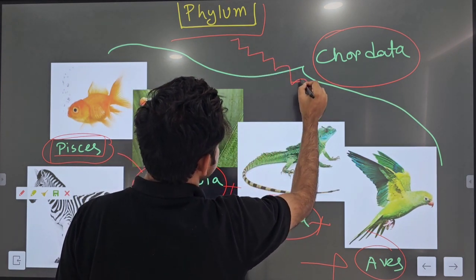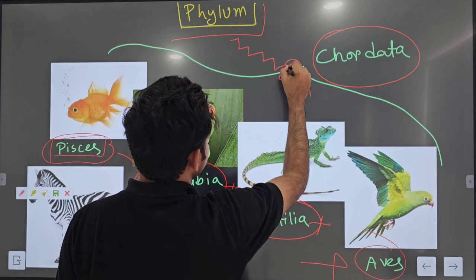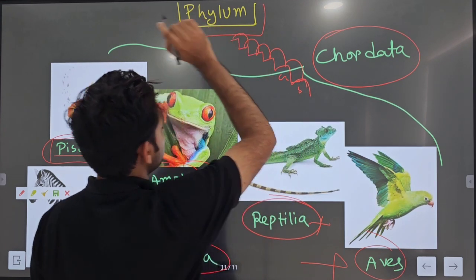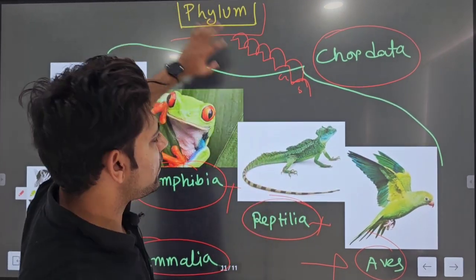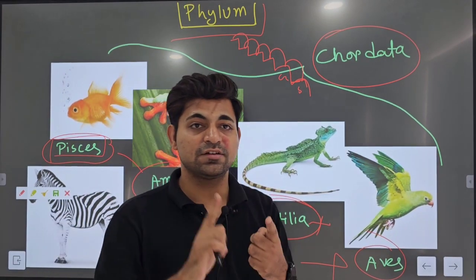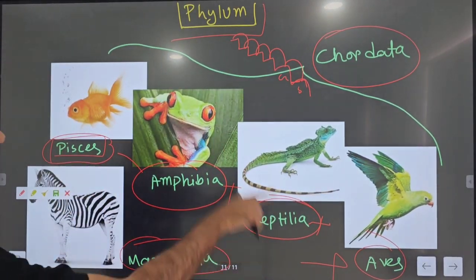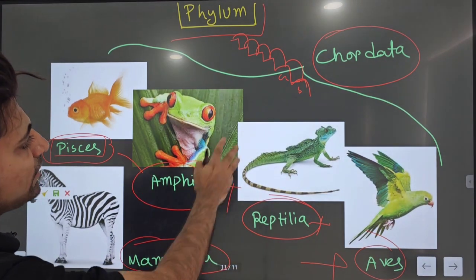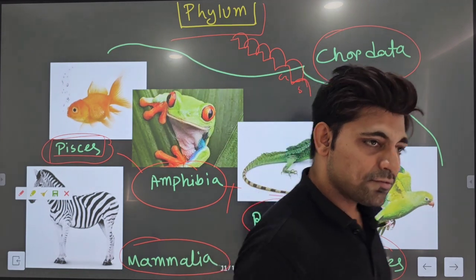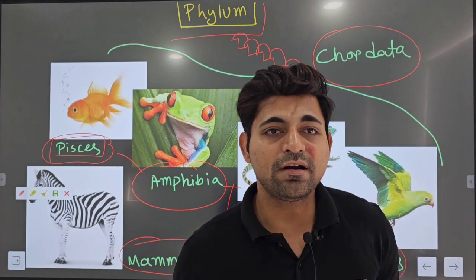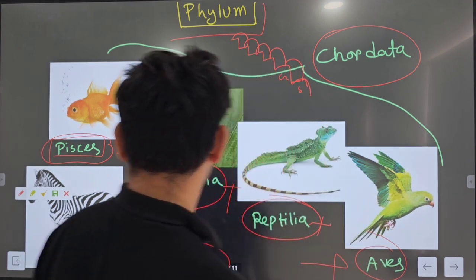So first one species, then genus. Step by step we are jumping up and we will be reaching the kingdom, and the higher the hierarchy, the fewer the similarities. See, different classes together form phylum Chordata, but the similarity there is that they have notochord at some stage of their life.